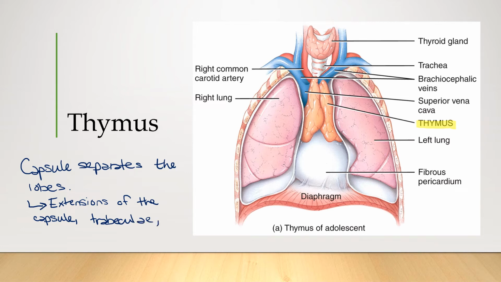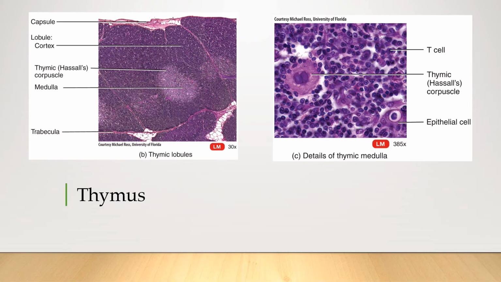These will penetrate into the lobes and divide each lobe into lobules. So here in this picture on the left, we can see these thymic lobules. We can see the trabeculae that invaginate from the capsule and separate the lobe into these lobules.